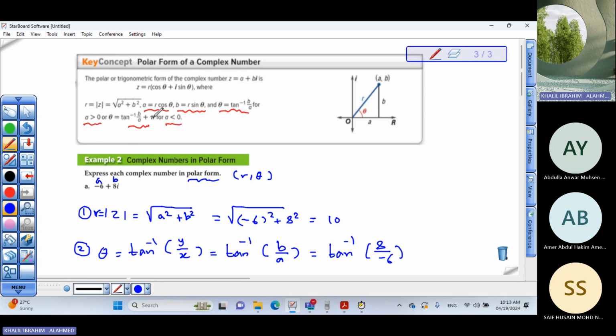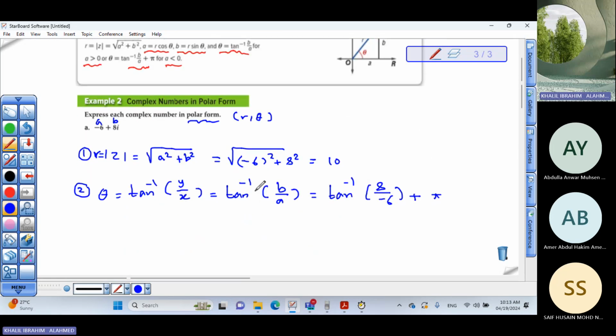If a is negative, you should add what? Plus pi. This is very important. Plus pi here, and here also, plus pi.